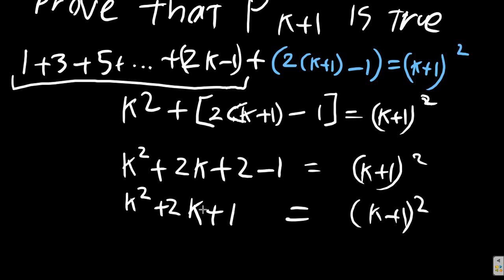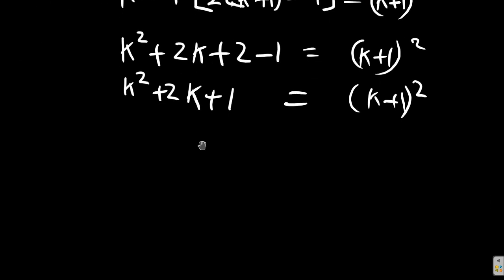Now, let's see what happens after this. This is a quadratic expression in k. So, let's see if we can factorize it. Think of two numbers that multiply to give you 1 and add to give 2.